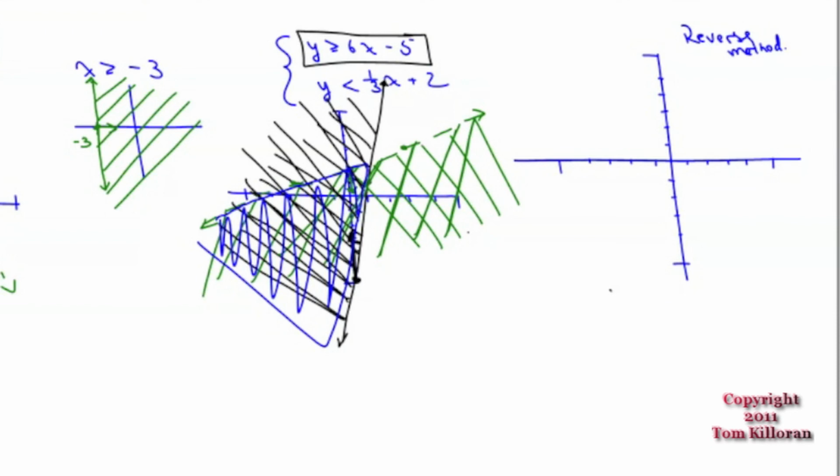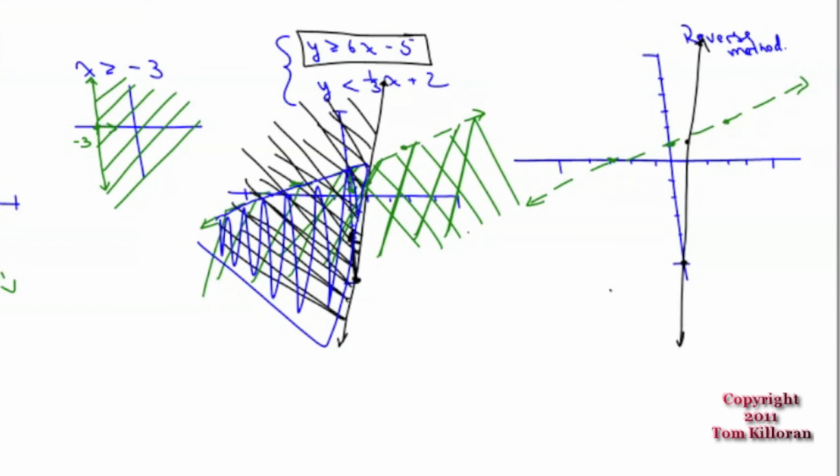So we're going to graph the lines again real quickly, since we already know the slopes and intercepts. So this goes here, up 1 over 3, down 1, back 3, dotted line. And the other one is down -5, up 6 over 1, solid line.